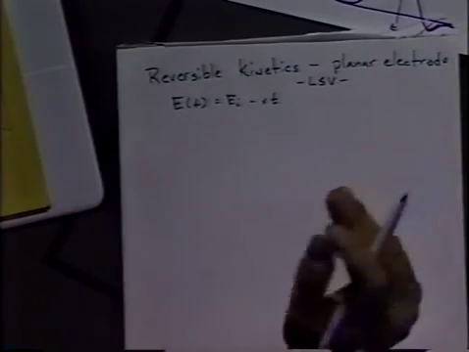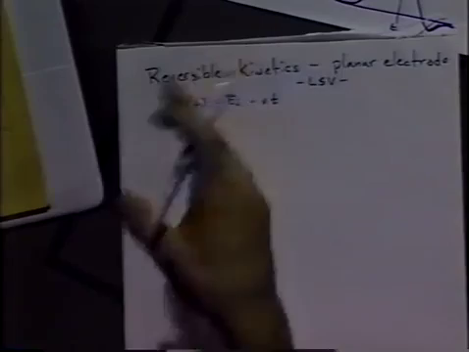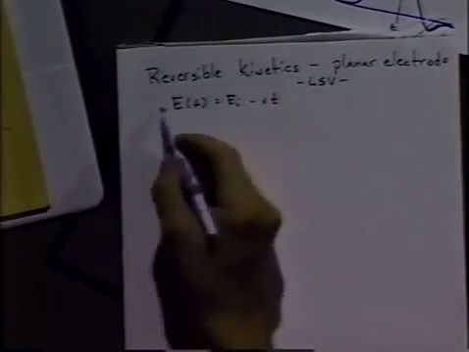Now, because it's Nernstian, the concentration of O and R at the electrode surface is set by the Nernst equation, and we have the potential.